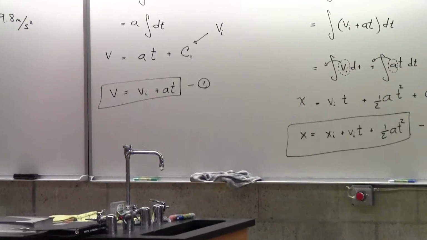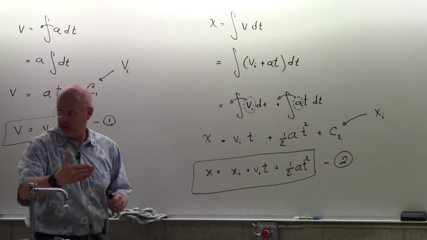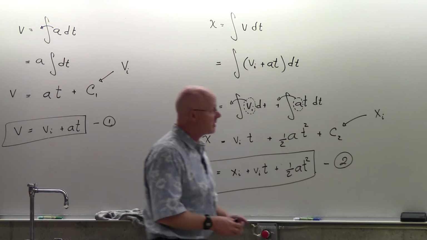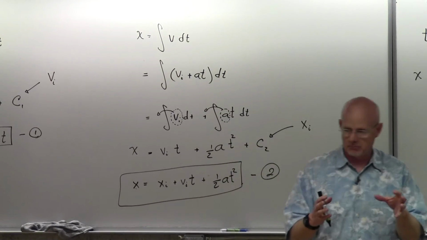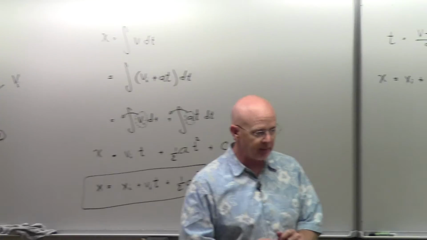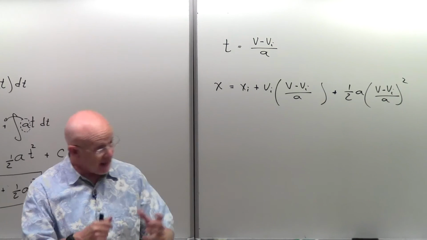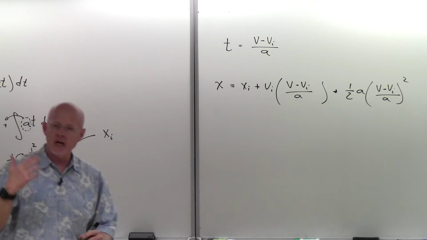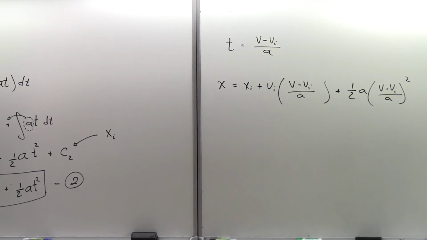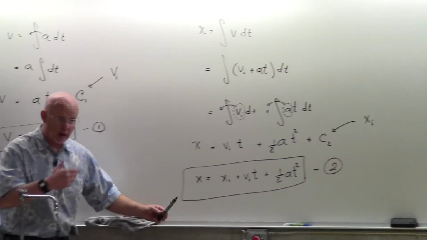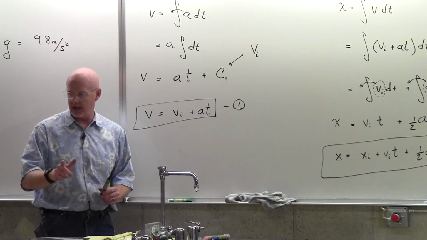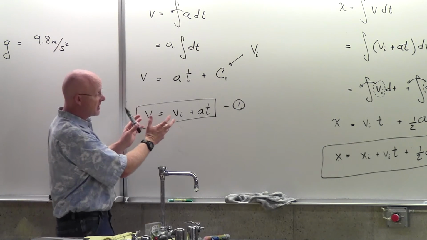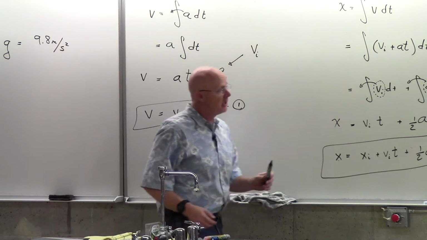Now, if I was actually doing the problem and I gave you these numbers for the variables, this sounds like an excellent equation if you don't know time and you're not looking for time. I'm describing a situation where the problem is, what is the position of the race car when it is going 60 miles an hour? We don't know how much time it takes. That's the whole reason we have to do step 1 to get time and then put it into step 2.